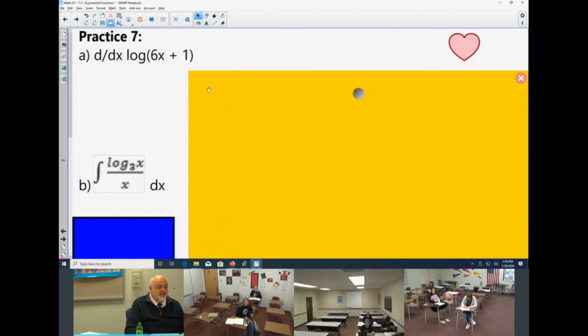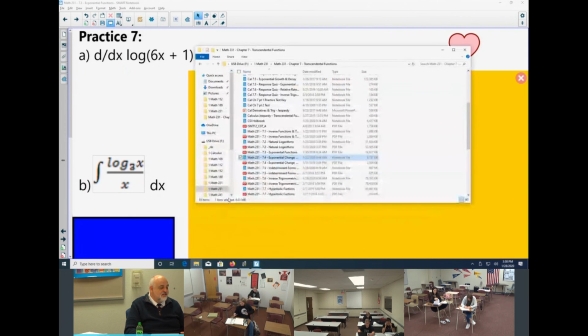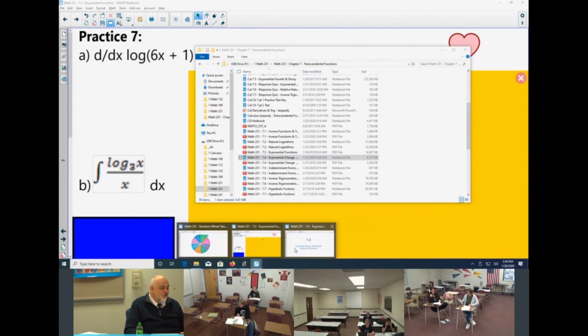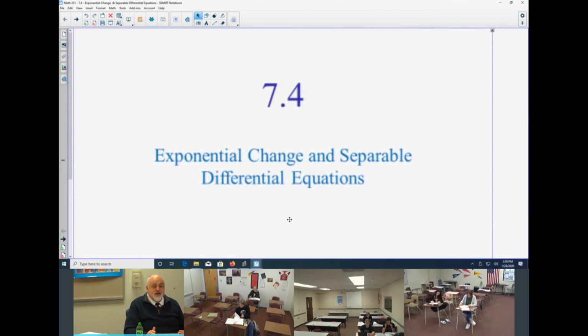I'm going to give you just a little bit. I know we have only about 10 minutes, but I want to give you a little intro into 7.4 because it's actually a big section. And it actually kind of bothers me, 7.4, because in the previous edition of the book, this was 2 separate sections, and I liked it that way.